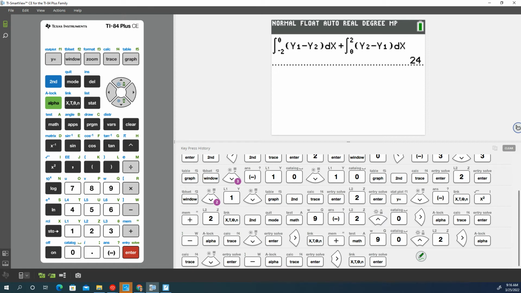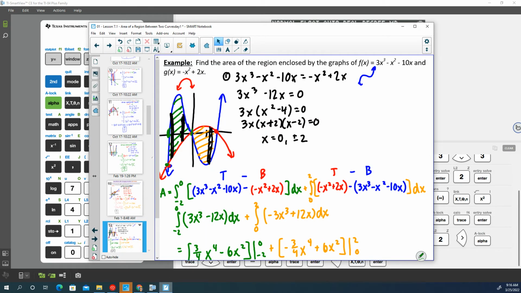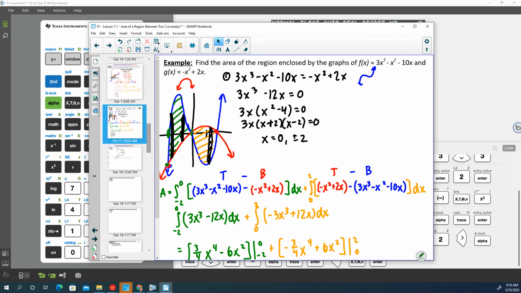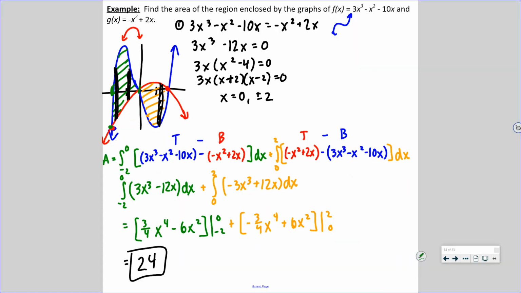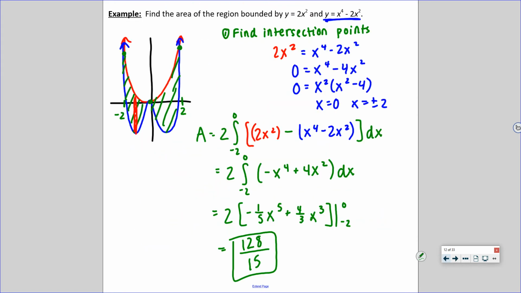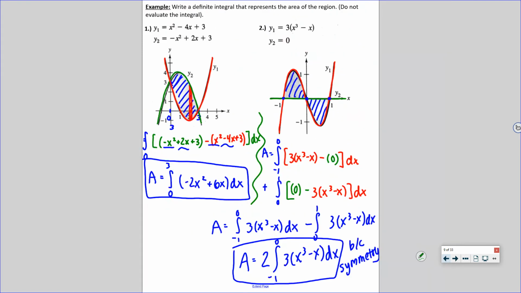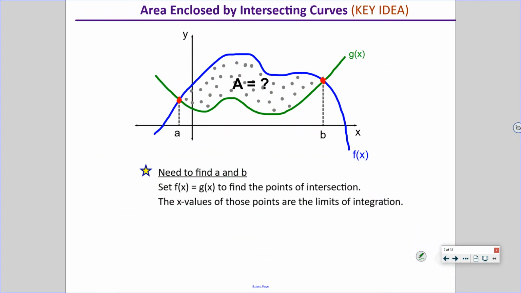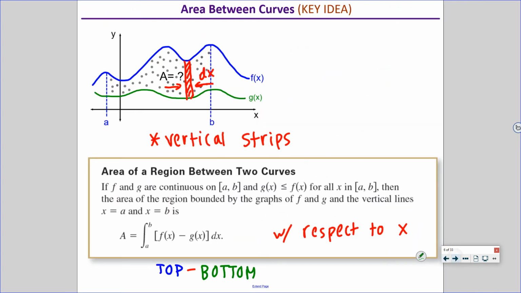Okay. That's pretty much it. Sometimes maybe the functions will get a little more complicated. I know we did a lot of polynomial ones, but we did a trig one in there, didn't we? Maybe not. Oh, I think I was just doing one.